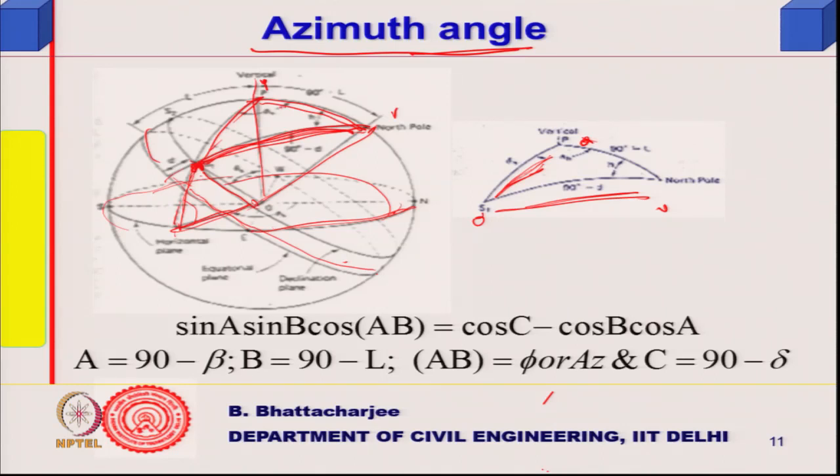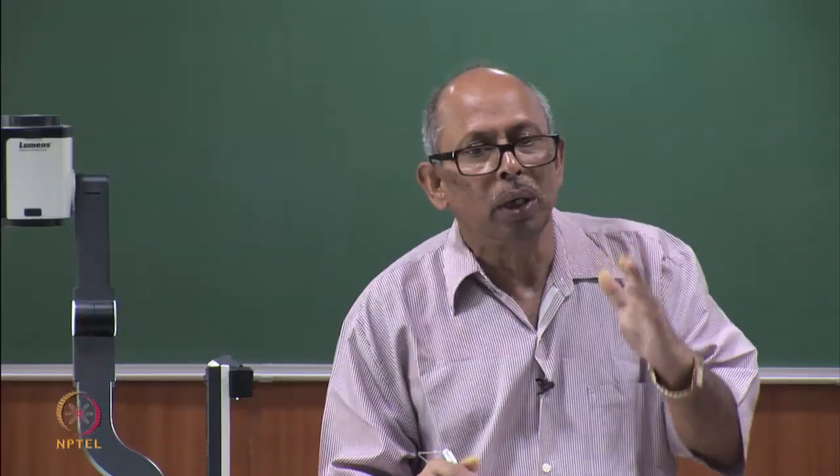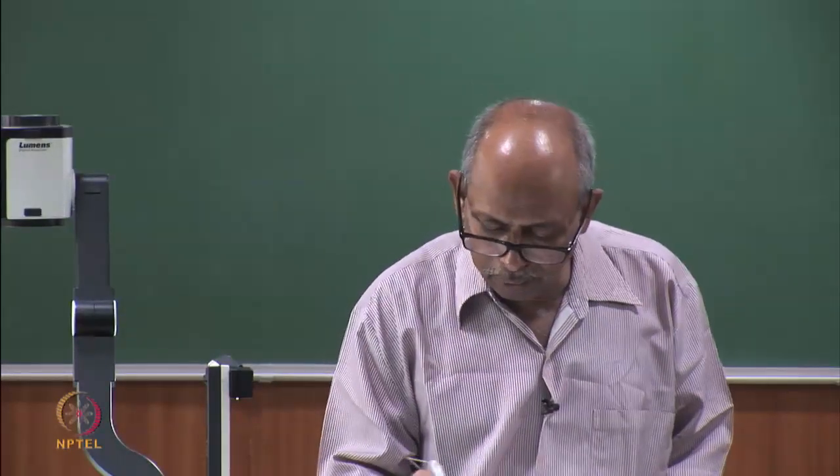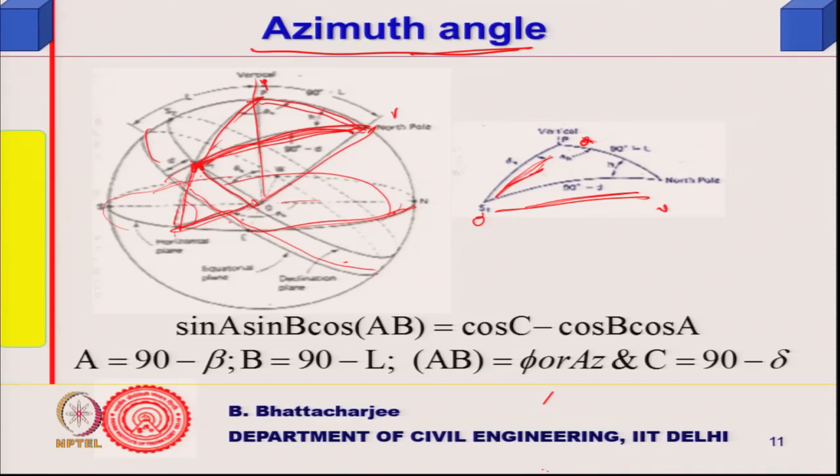So what is the azimuth angle? The azimuth angle is the angle between the sun's position and the geographical north direction. This is north, this is south, this is east and this is west. This is my azimuth angle. The projection of the vertical through the north pole is the north direction.